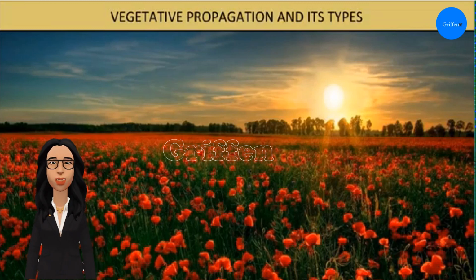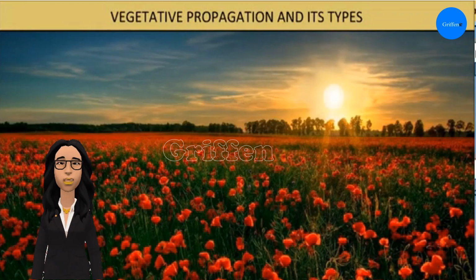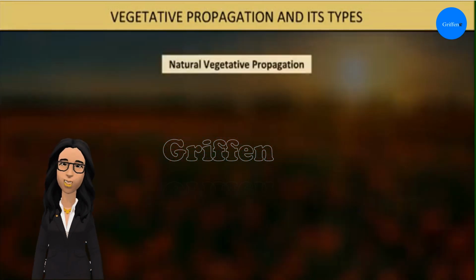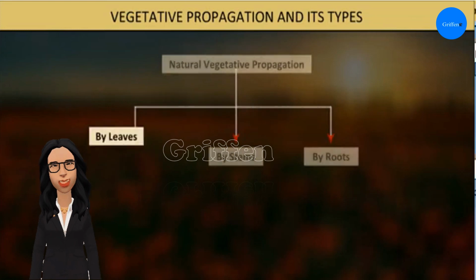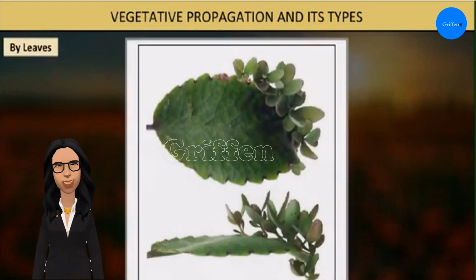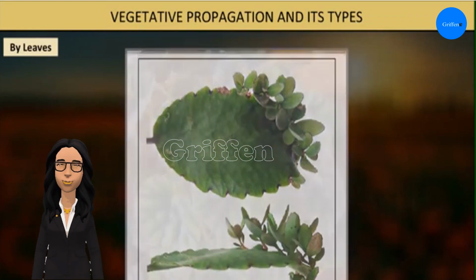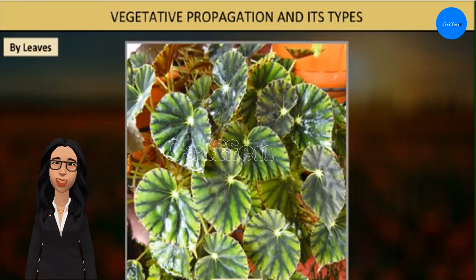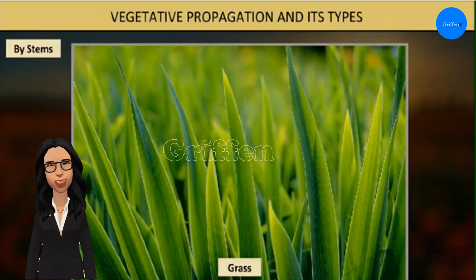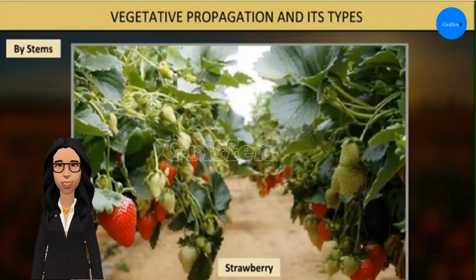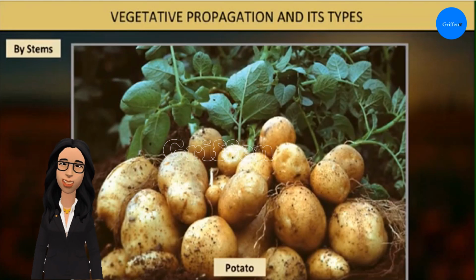Now, let's discuss the different methods of vegetative propagation. Natural methods of vegetative propagation include propagation by leaves, for example, in Bryophyllum and Begonia. Propagation by stem, for example, in grass, strawberry, and potato.